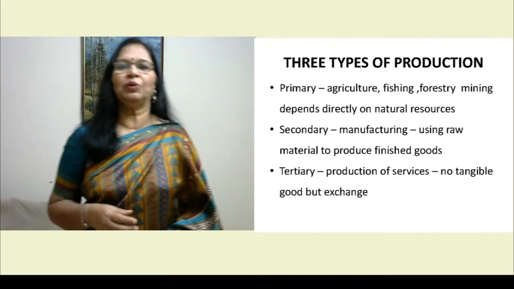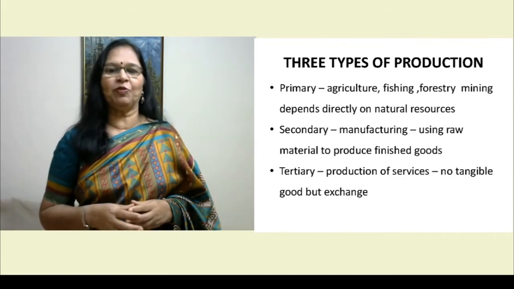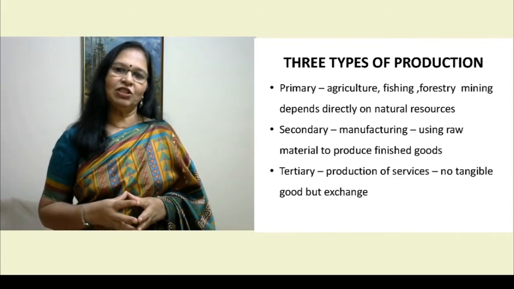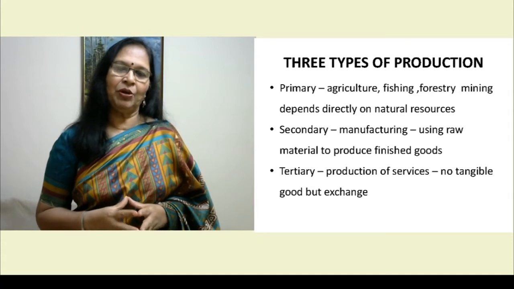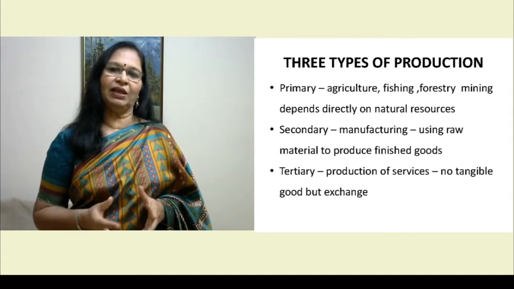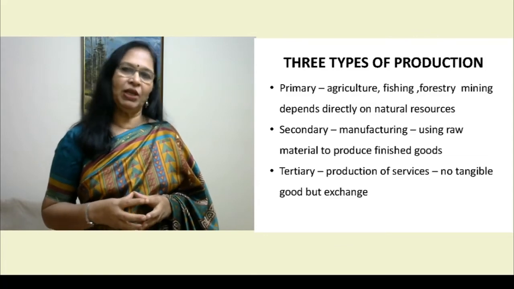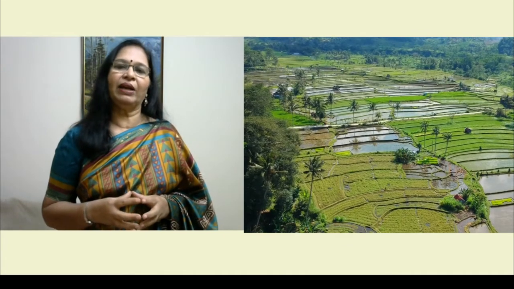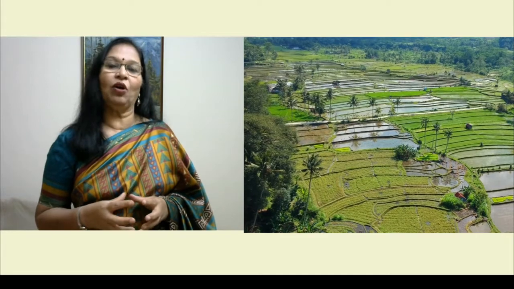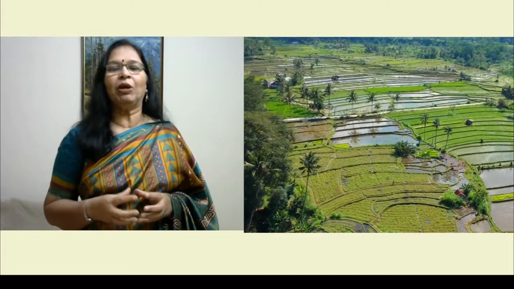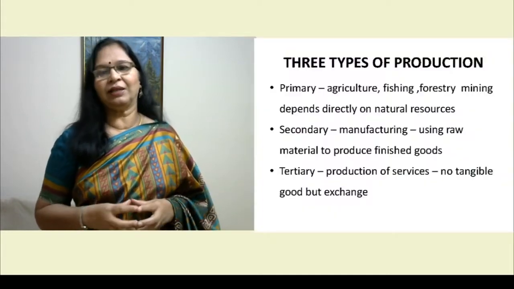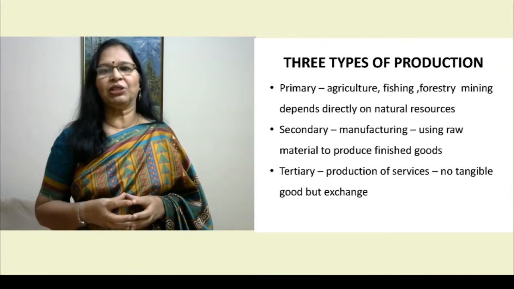And let me also highlight the three types of production. We have three kinds of production: the primary, the secondary, and the tertiary activities. The primary produce depends upon nature, that is agriculture, mining, quarrying. These are called primary activities because they depend upon land as a resource for carrying out their production activities.